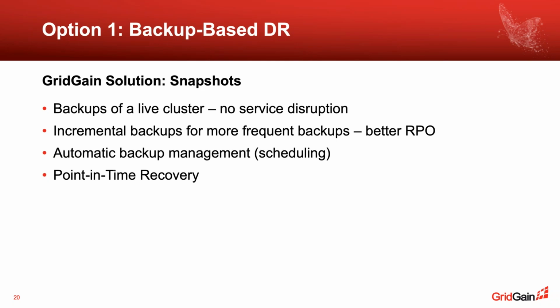Point-in-time recovery feature allows you to restore your system not just on one snapshot state or another, but on any state in between two snapshots, and GridGain uses write-ahead log for that.